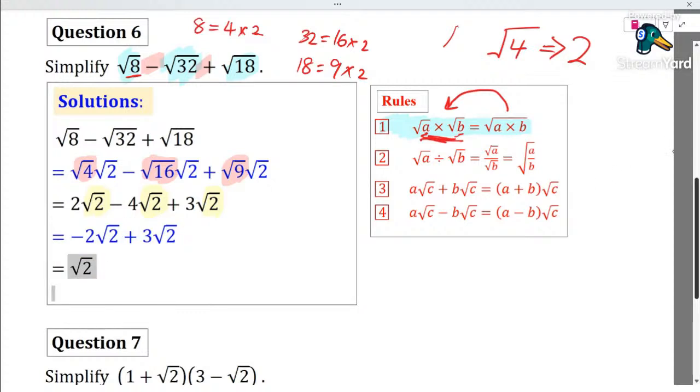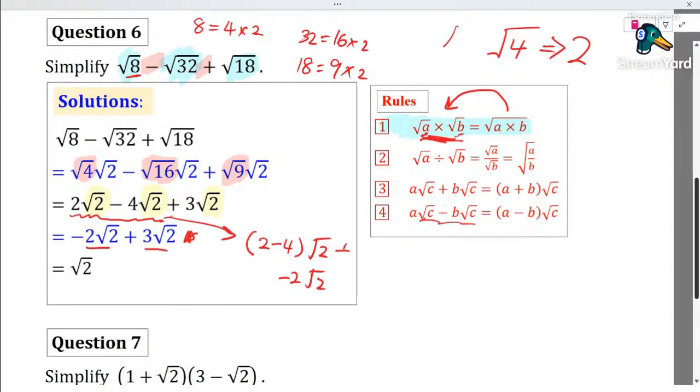In the calculation in blue here, I just do the calculation slowly according to the formula, where I begin by factorizing the square root of 2, so I have negative 2 square root of 2 on the next line, followed by plus 3 square root of 2.